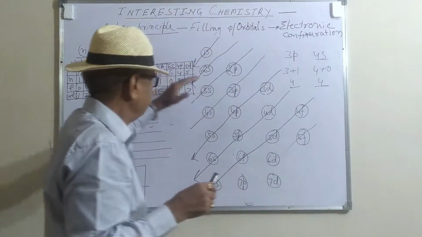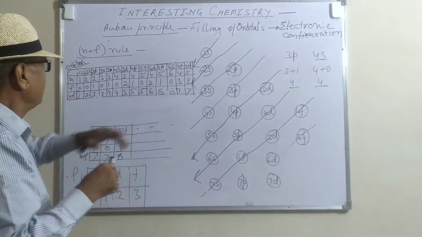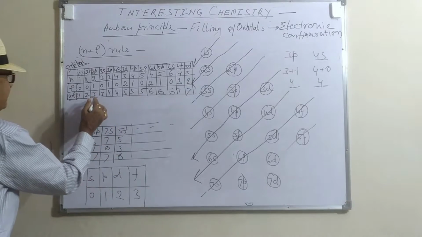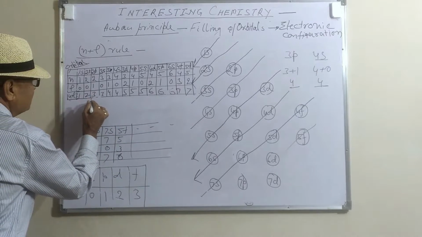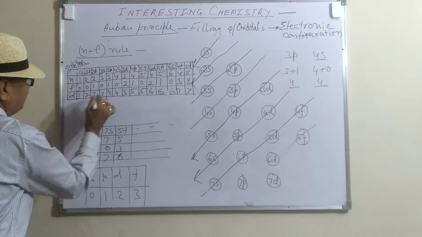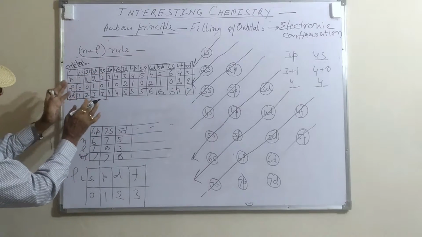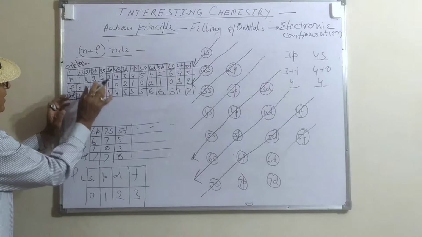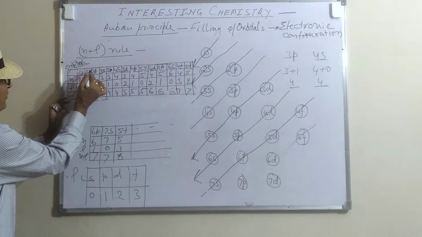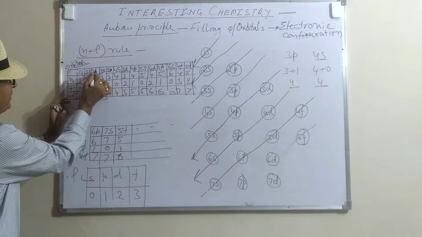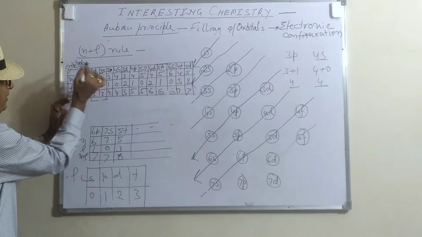So with this table you can calculate. Now I am telling you the fact. These are the n plus l values. There are two values, 3 and 3. So 2p and 3s are both equal in n plus l value. Here the principal quantum number is 2, here it is 3.